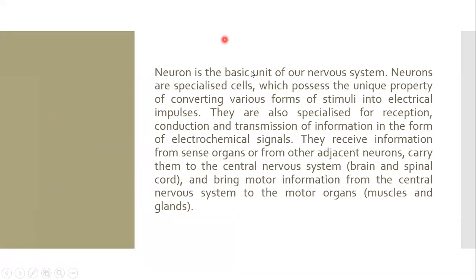So the neuron is the basic unit of our nervous system. Neurons are specialized cells which possess the unique property of converting various forms of stimuli into electrical impulses.